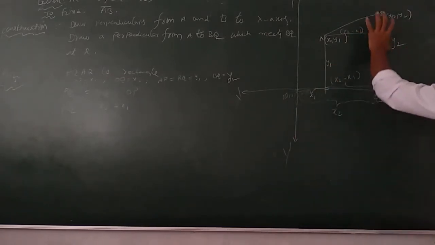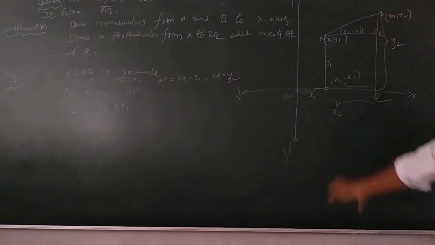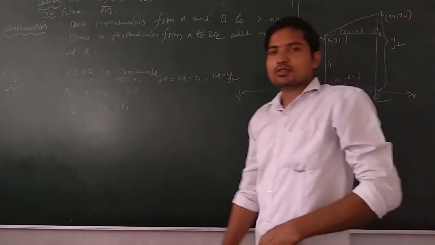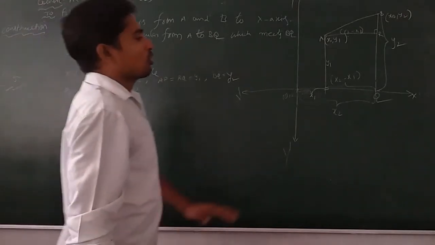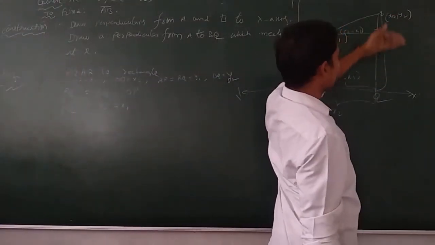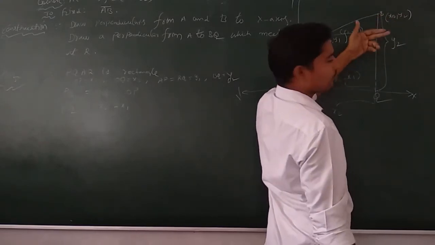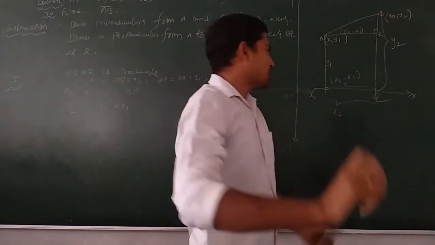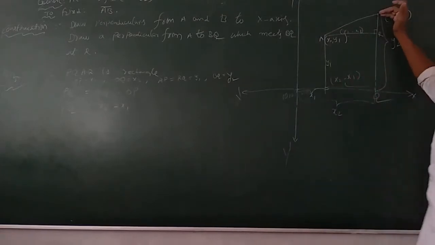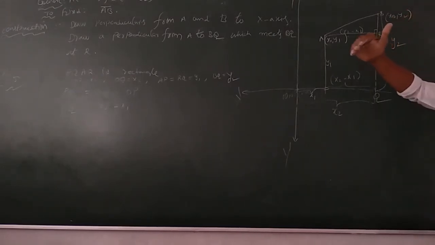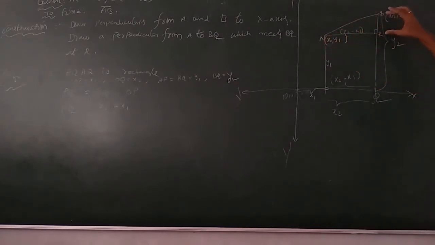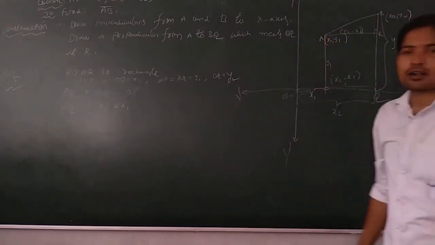Now, what about BR? BR is BQ minus RQ. Take from Q to B and then cut at R. That means QR gets removed, and we can get only BR.